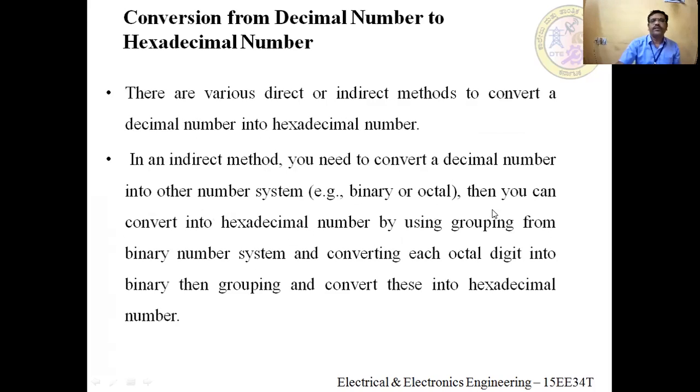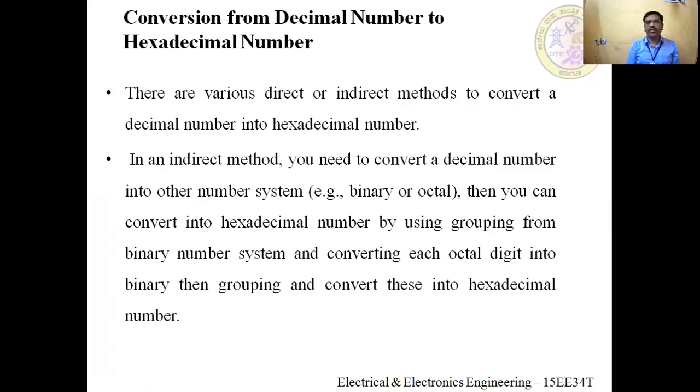So conversion from decimal number to hexadecimal number. Here we have to convert the decimal number to hexadecimal. We have two methods, direct or indirect. What is a direct conversion? Directly I can convert the given decimal number to a hexadecimal number by the successive division method by the required base.